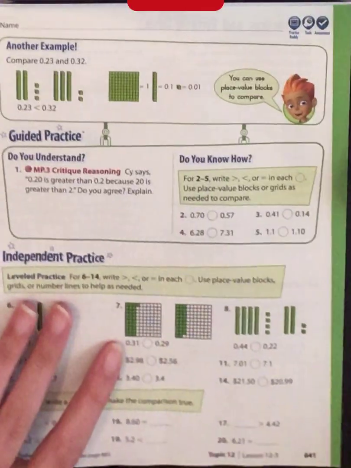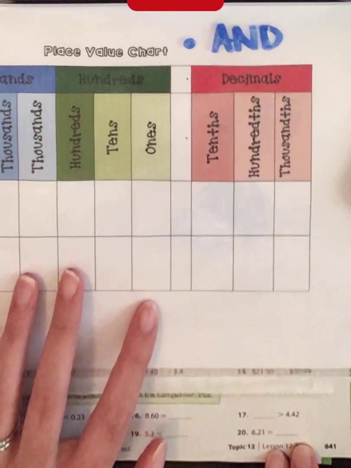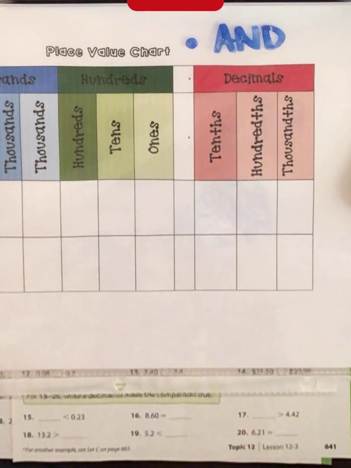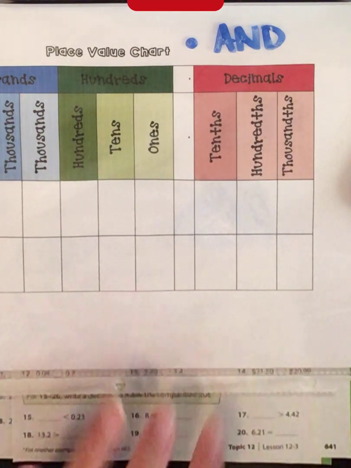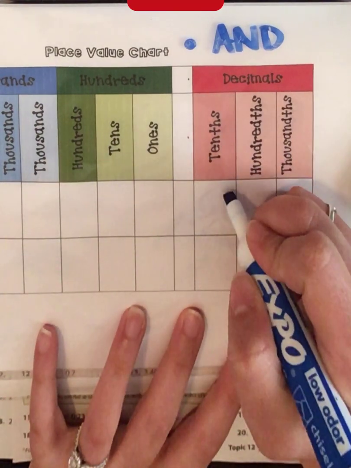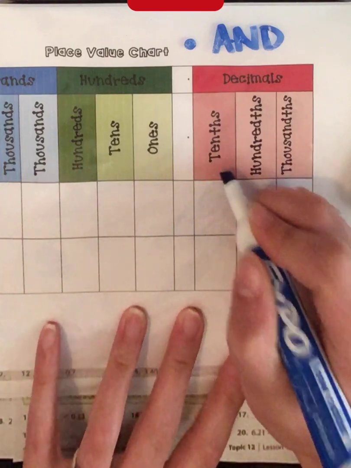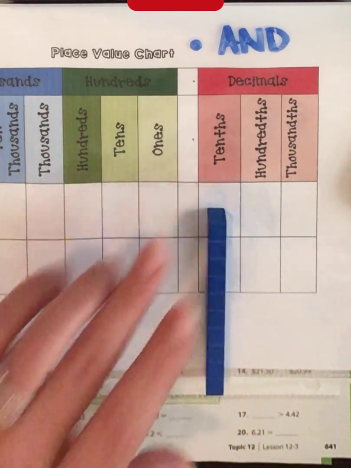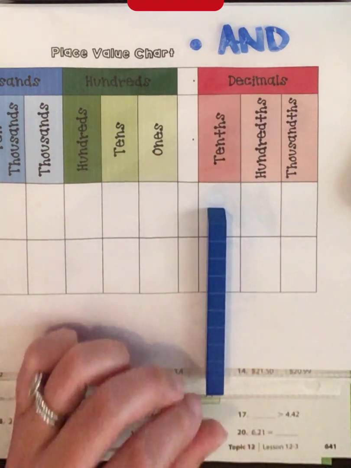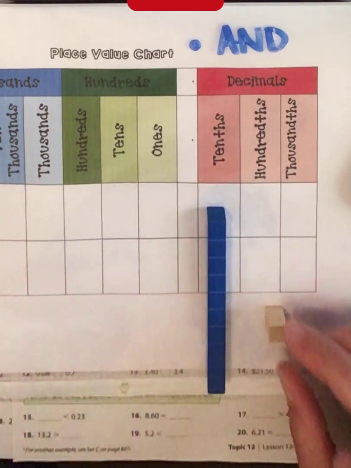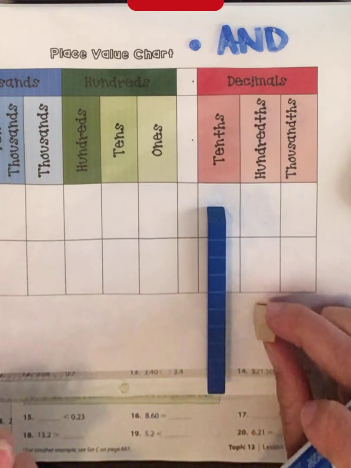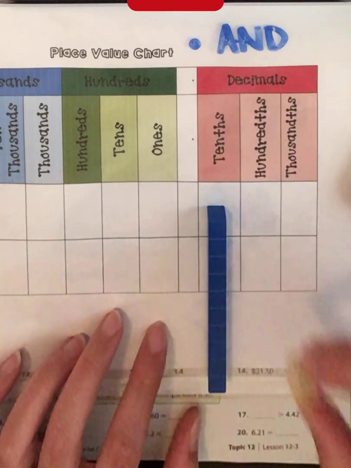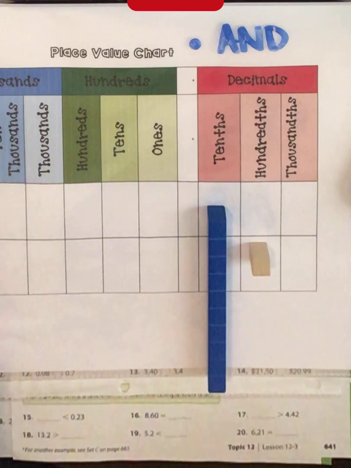As we get back into looking at decimals, I've got my place value chart. I wanted to go over those place values again because it's very important as we're comparing them. You've got your tenths, and remember, tenths are worth more than hundredths. Think of tenths as your place value stick that represents 10, or even 10 cents, a dime, and think of hundredths as pennies.